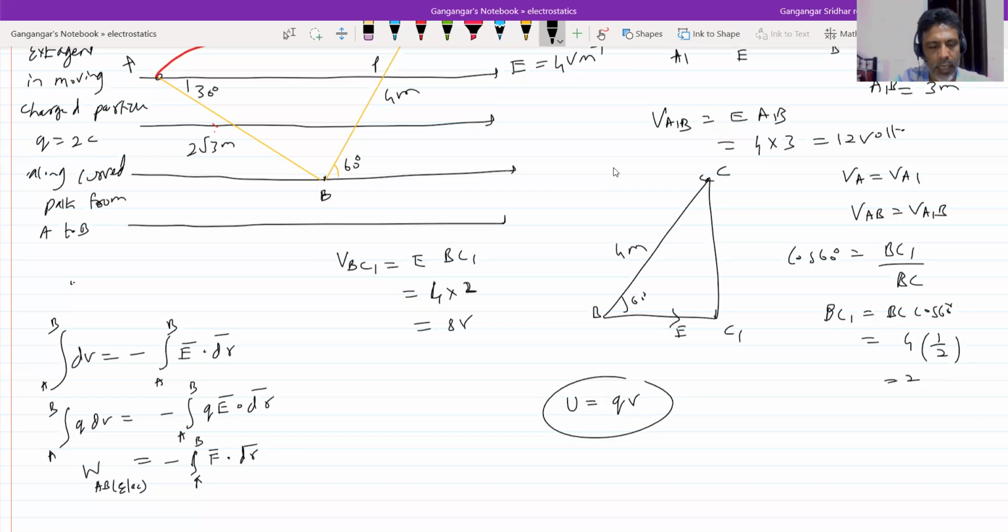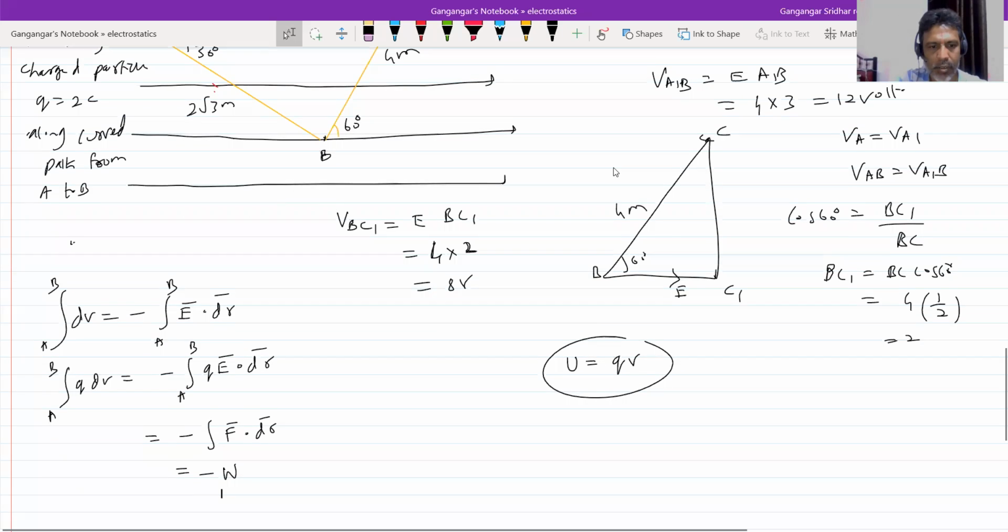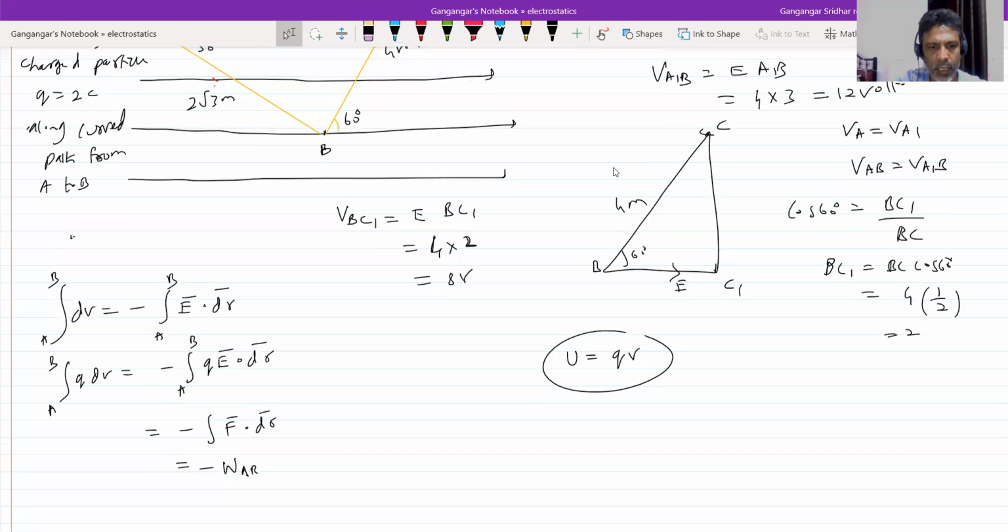So this is what I ended up with. We'll do one thing. The RHS I'll replace. So this will be F into d bar. You know what F into d bar is? Integral of F d bar: work done by external agent or work done by electrostatic force in moving a charged particle from A to B. On this side, what should you write?